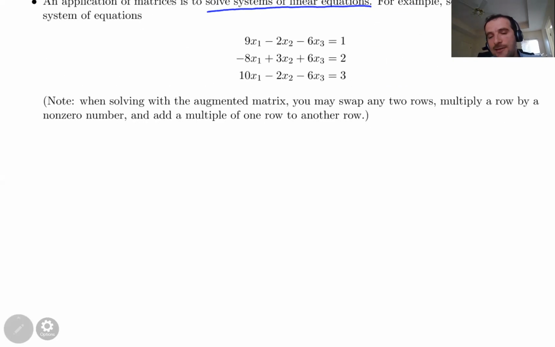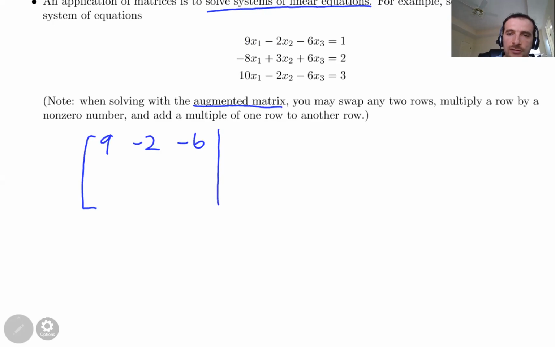How can I do that? First of all, I can represent this system as an augmented matrix. To get the augmented matrix, you just take the coefficients of x1, x2, and x3, okay? So it is 9, coming from that 9, minus 2, minus 6. And let me make a vertical line segment for the equal sign and put 1 here.